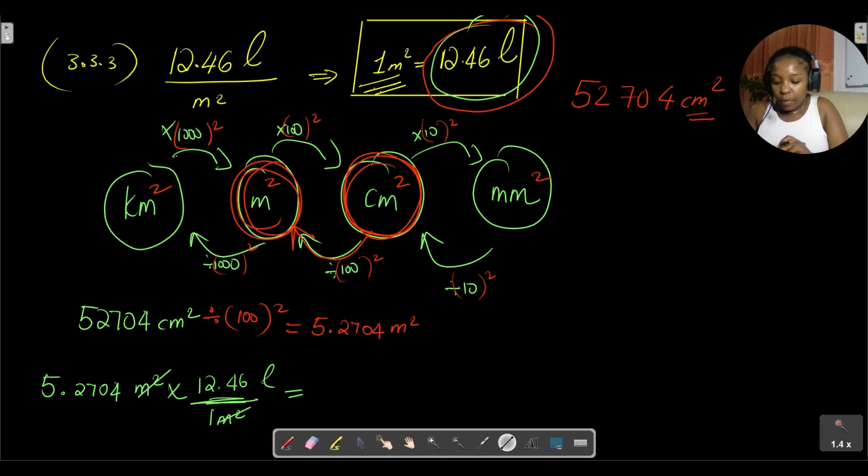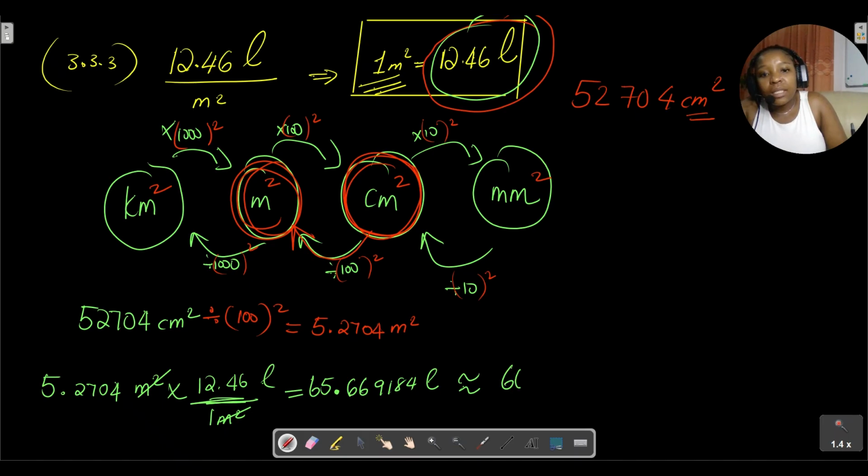Our answer will be 5.2704 multiplied by 12.46 divided by 1. What do we get? We get 65.67669184 liters. That's how many liters you'll need, which we can just round up. It's a real life situation, so we need approximately 66 liters of paint.